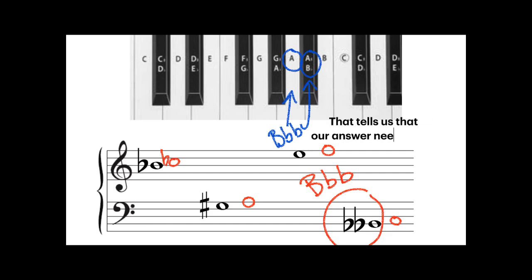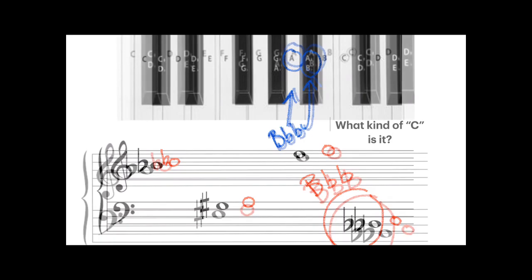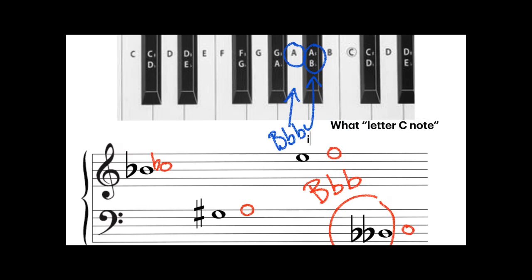That tells us that our answer needs to be some kind of C. Well, what kind of C is it? What C letter note is located on this black key?